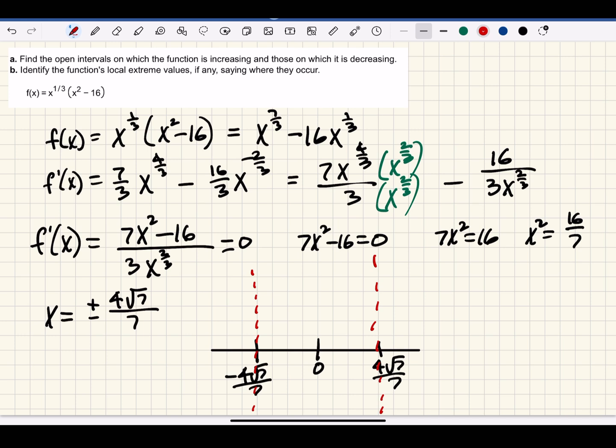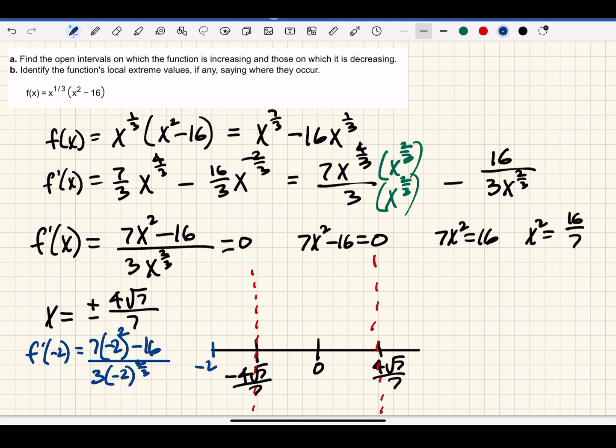4 times the square root of 7 over 7 is approximately 1.5 if we round to one decimal place. So we know that negative 2 would be to the left. So let's find the value of the first derivative when x is negative 2. F prime of negative 2 will be 7 times negative 2 squared minus 16 divided by 3 times negative 2 to the 2/3.